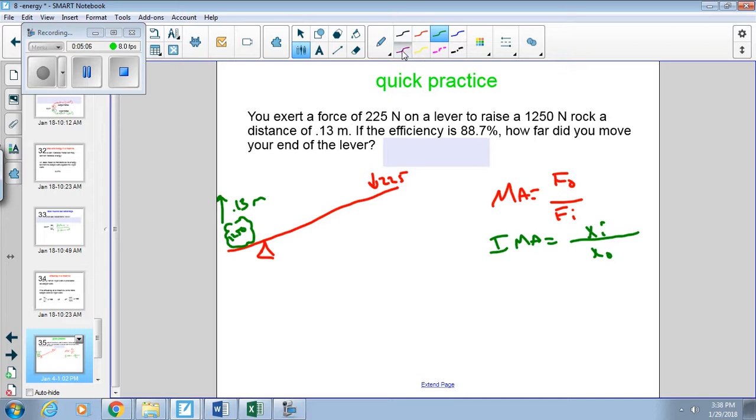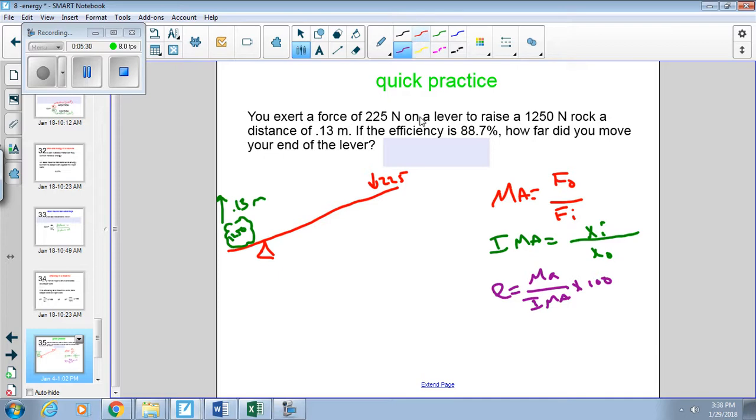And finally, it mentions efficiency, so we're probably going to have to deal with our efficiency, and that should equal either our work ratio or mechanical advantage over ideal mechanical advantage times 100.